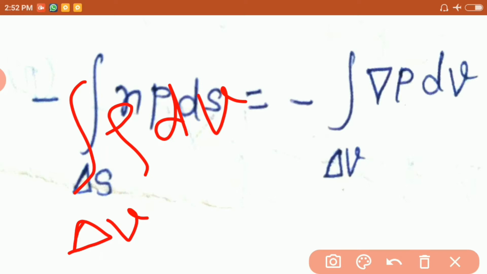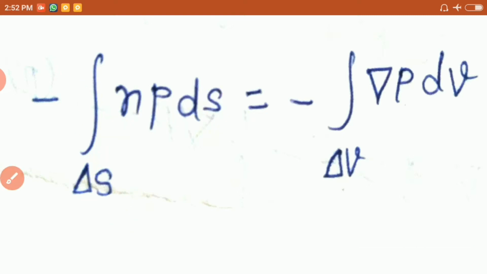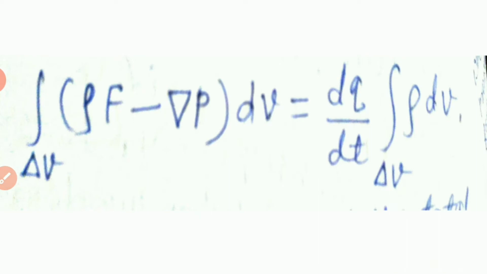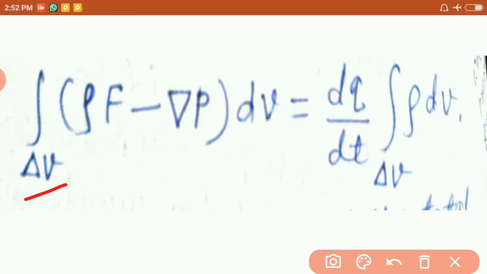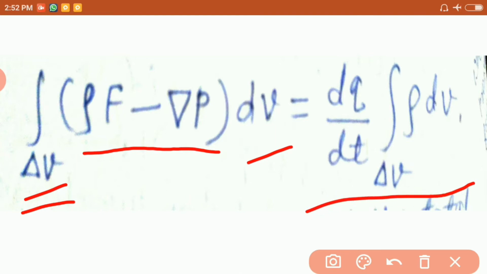But this mass is constant, and hence the equation of motion of the fluid particle is the integral over delta V of (rho F minus del P) dV equal to dq by dt times the integral over delta V of rho dV.